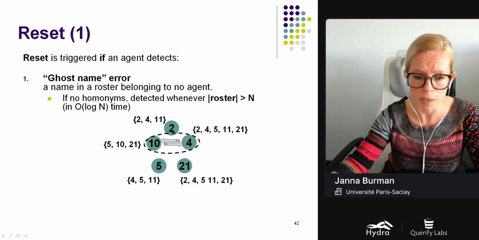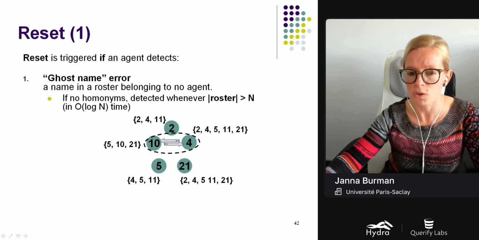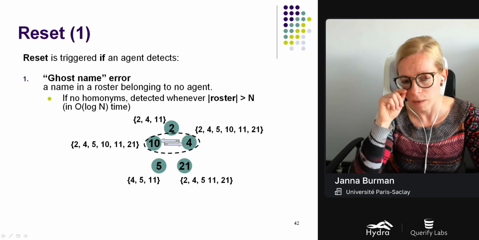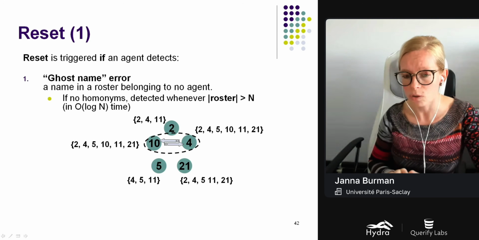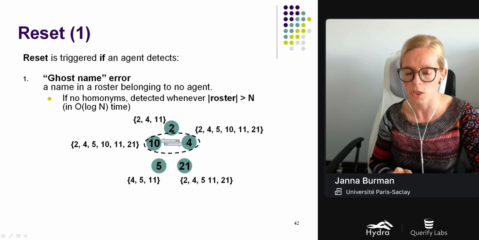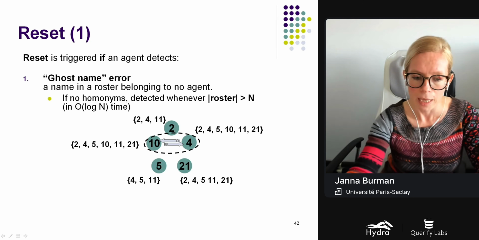Like in this example, you can see that there is no agent in the population with the name 11, but in the roster of agent 4, we have this name 11. When 4 and 10 meet, they will change their rosters to be of size 6 already. They know that the population is of size 5. They will trigger a reset, okay?